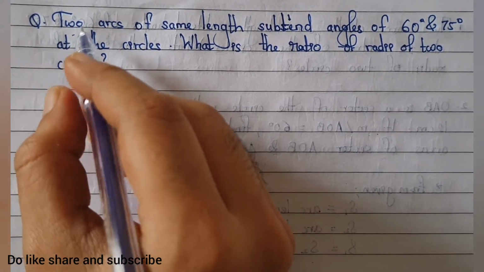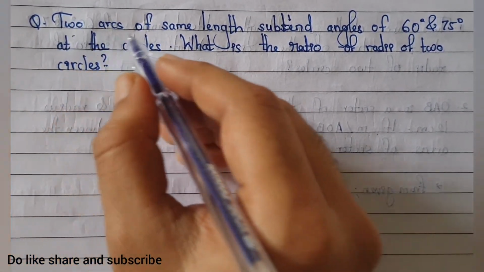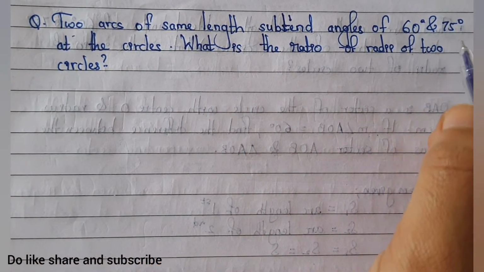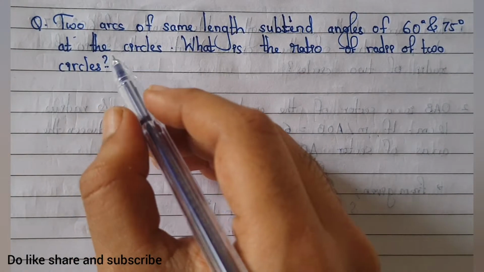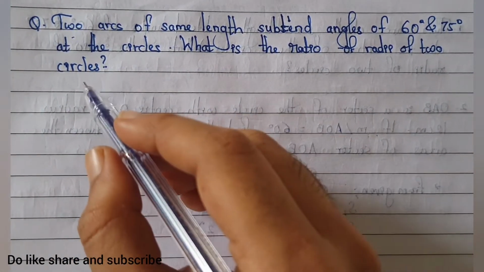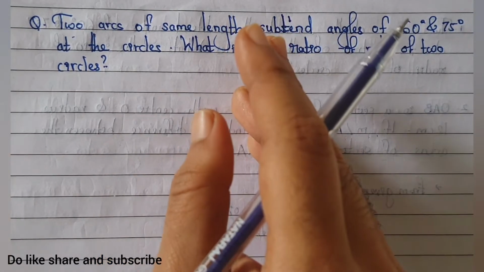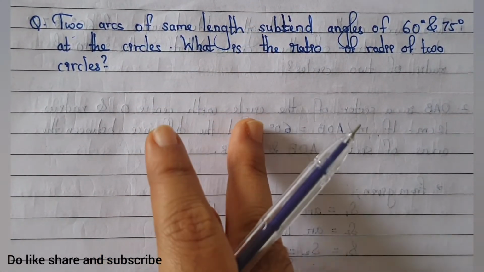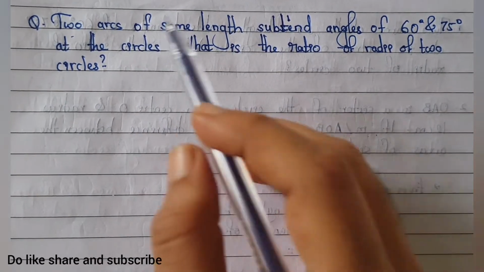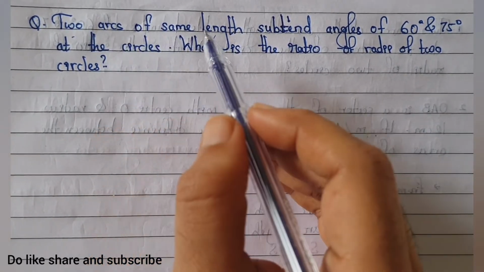So let's start with the first one, that is: two arcs of the same length subtend angles of 60 degrees and 75 degrees at their circles. What is the ratio of the radii of the two circles? Here it is given that there are two circles with different radii but the same arc length.